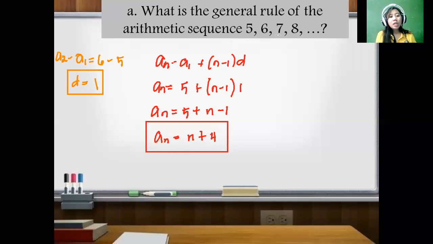Okay, so by doing that, you are going to use this formula po. Again, what is the term that we are going to get? The 35th term of the sequence.